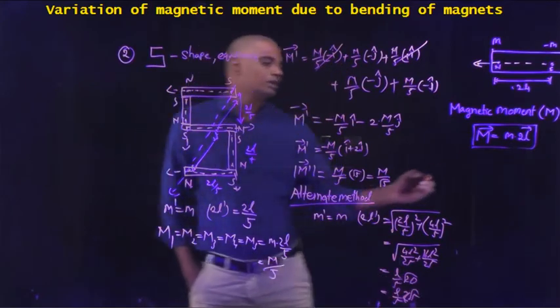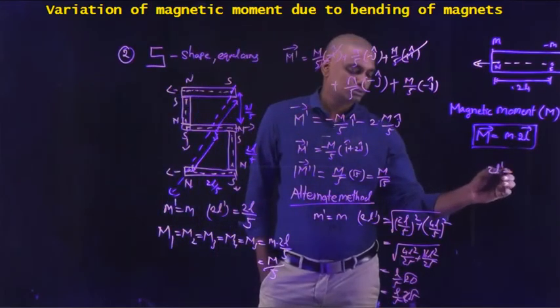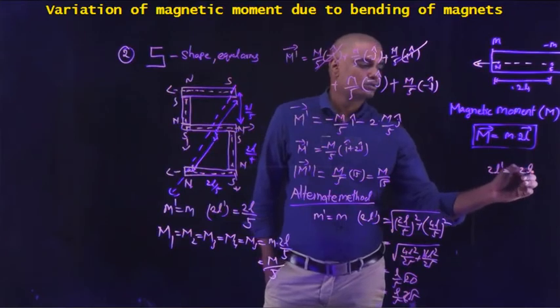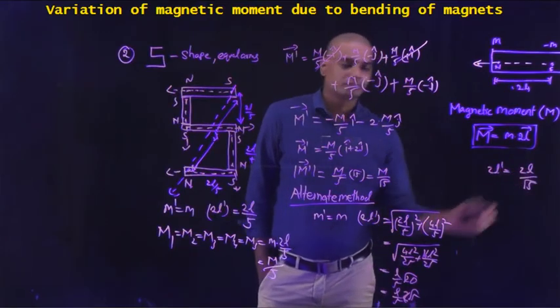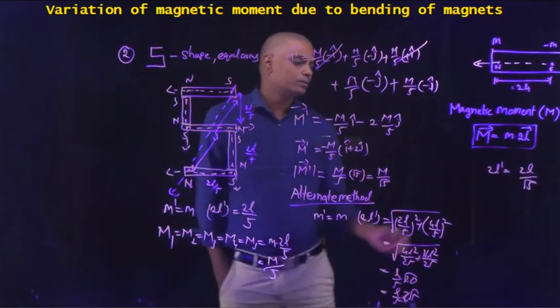Therefore 2L dash is equal to 2L by root 5.